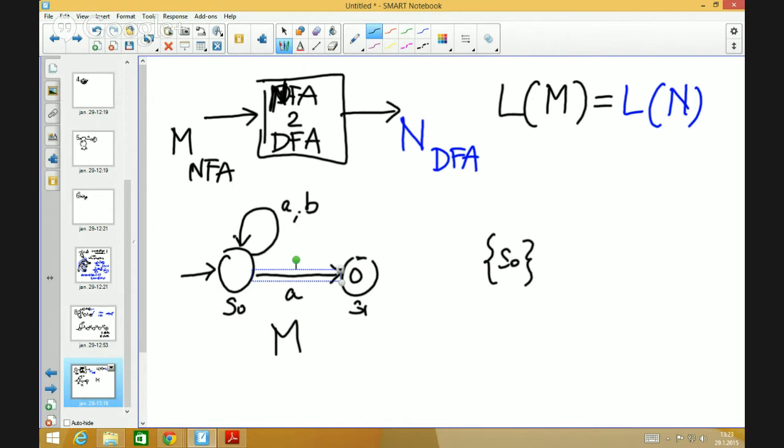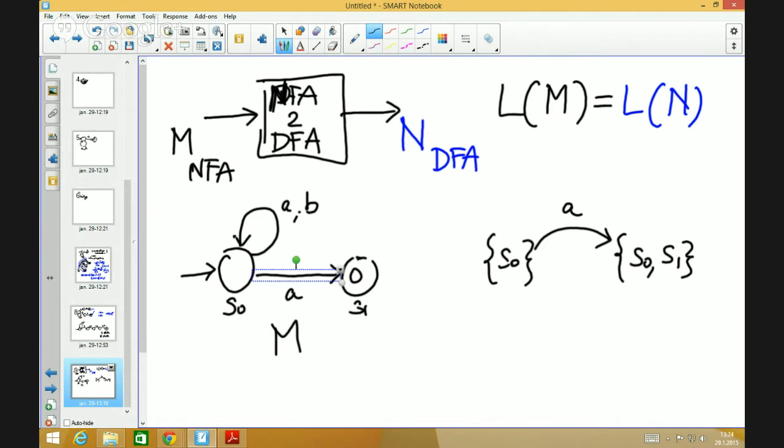So we remember this fact by considering a set with these two states, and we connect the start state to this new set with two states by the input symbol that brought us there.